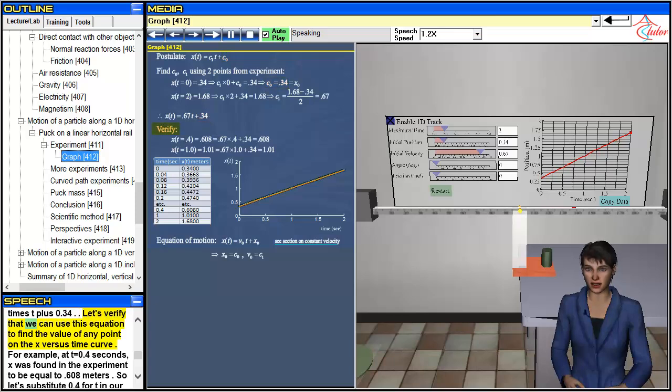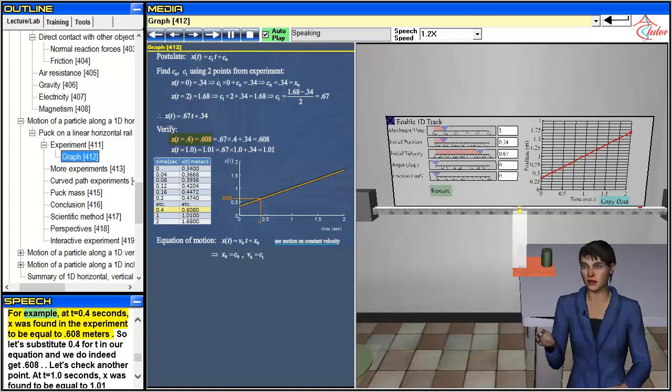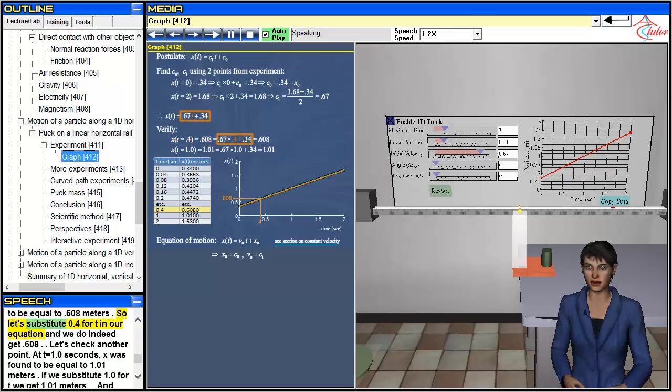Let's verify that we can use this equation to find the value of any point on the x versus time curve. For example, at t equals 0.4 seconds, x was found in the experiment to be equal to 0.608 meters. So let's substitute 0.4 for t in our equation. And we do indeed get 0.608.